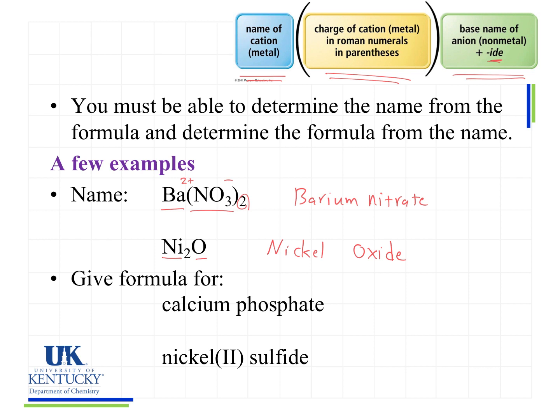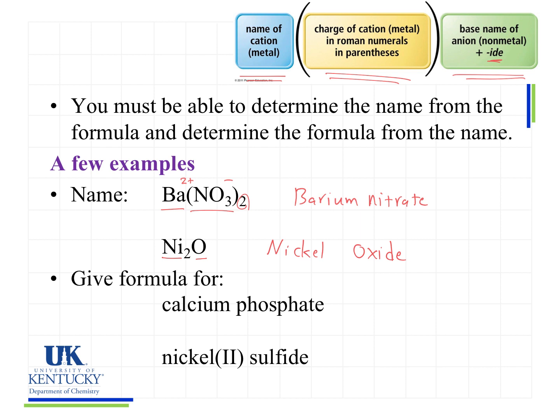Okay, so how do I know if I need to write the Roman numeral or not? So you have to know most of the elements, most of the metals in the middle of the periodic table. Most of the transition metals need to have the Roman numerals, because most of them can take more than one charge.